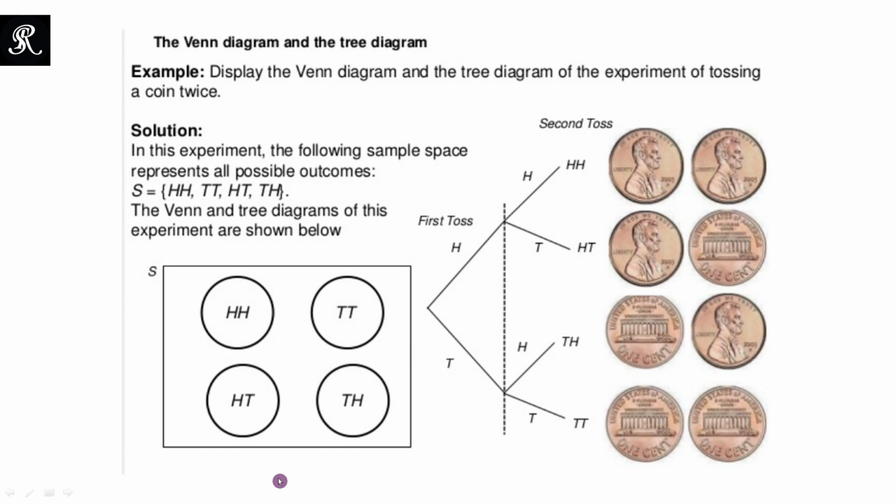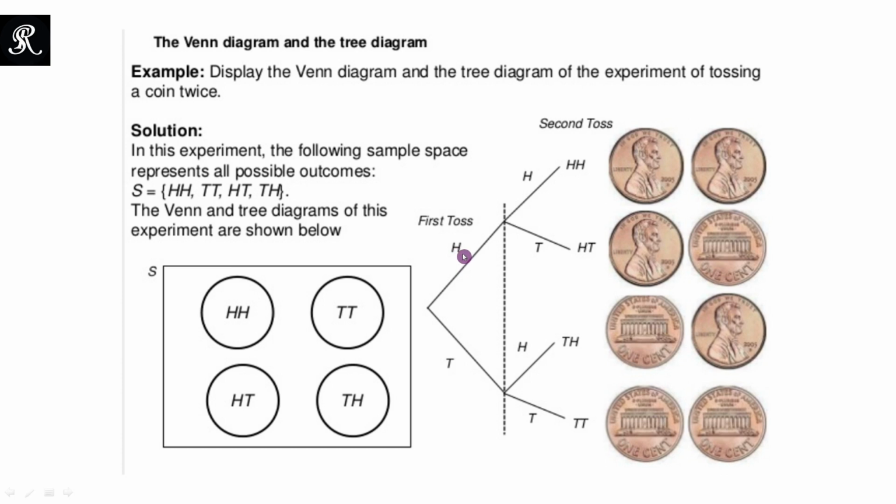And how can we represent a tree diagram for the same experiment? As we have discussed in the previous example, when we toss a coin, there is a 50-50% chance of a head or T on the top face.